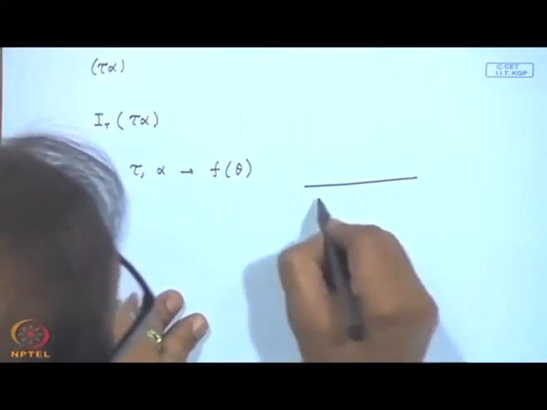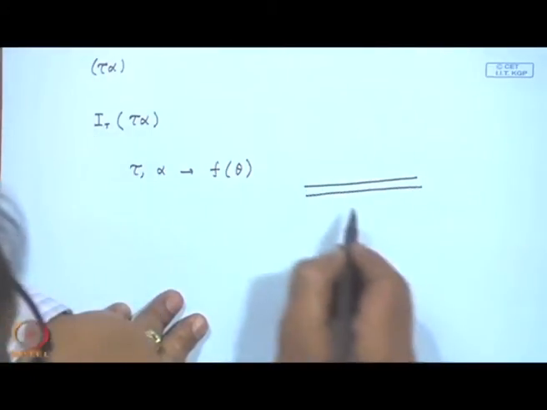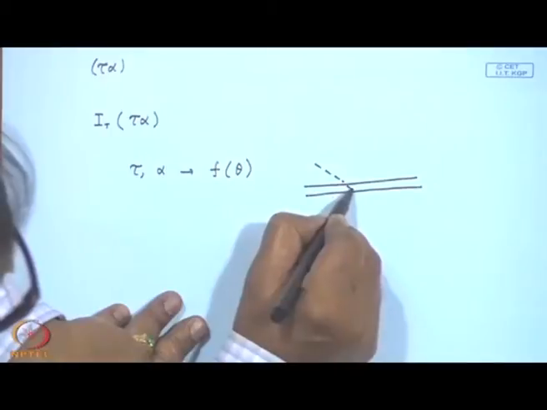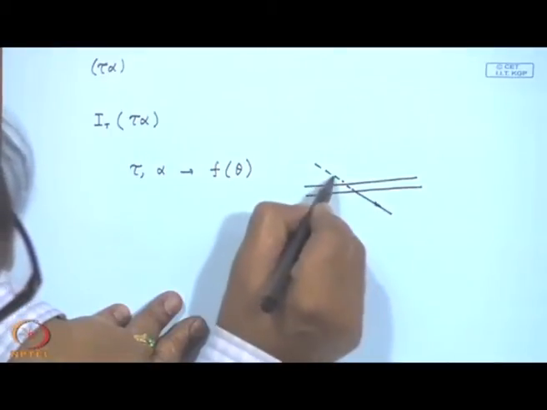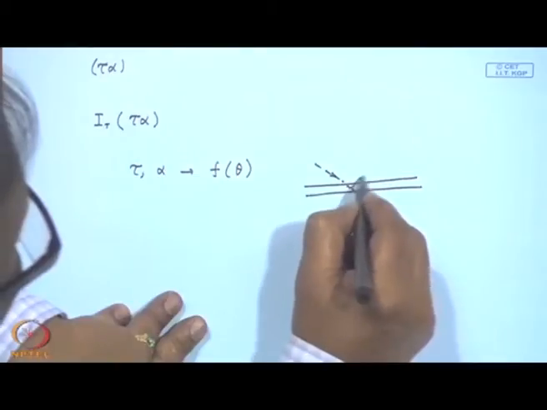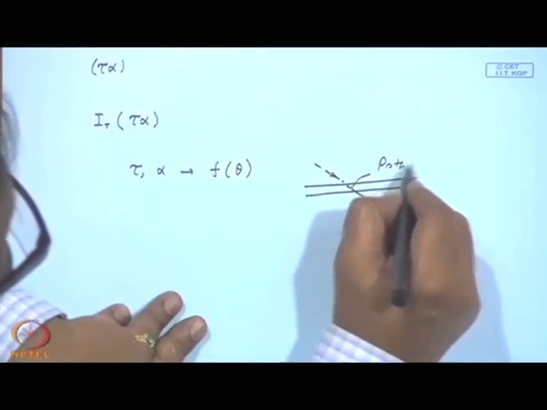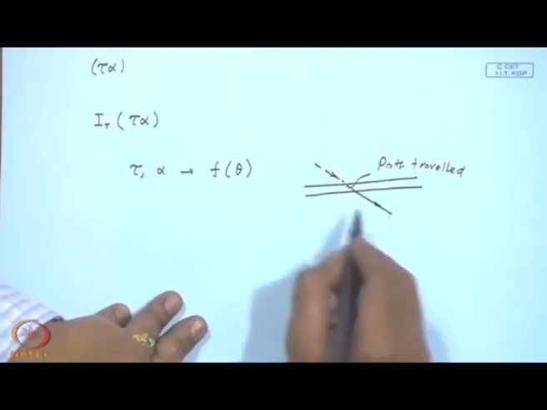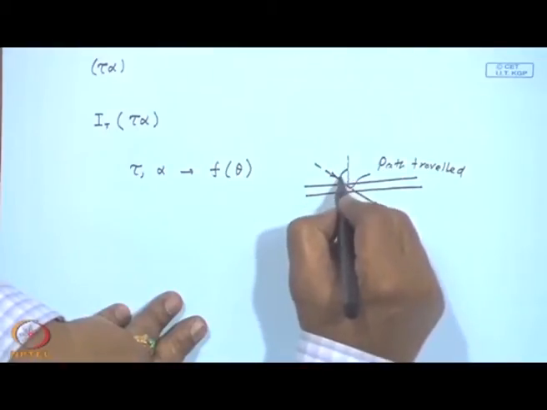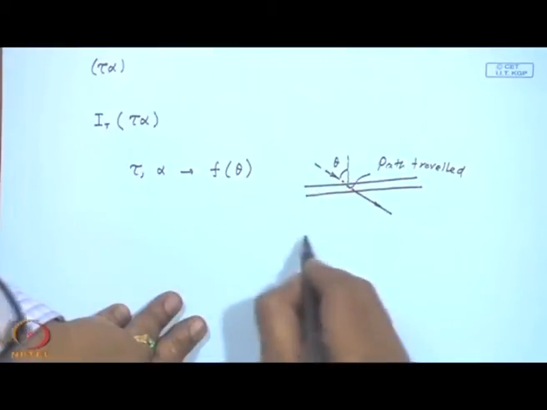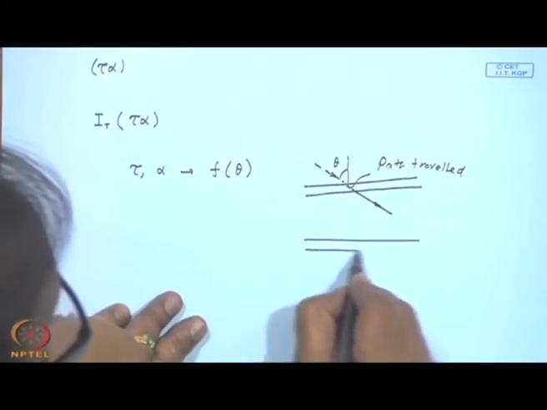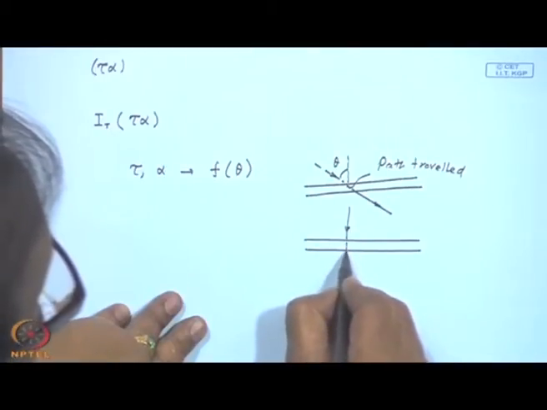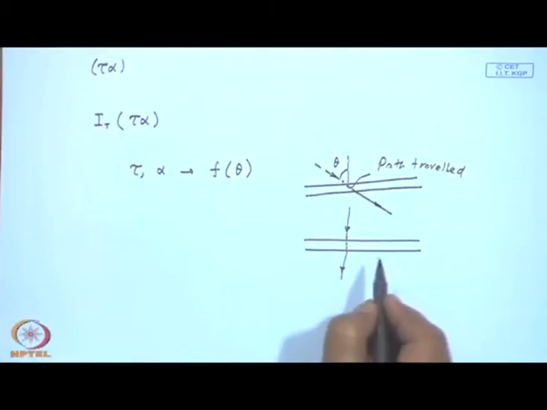If I have a glass slab of certain thickness, and this is the solar radiation, this is the path travelled at this particular incidence angle, and if you have almost normal radiation, the path is smaller.